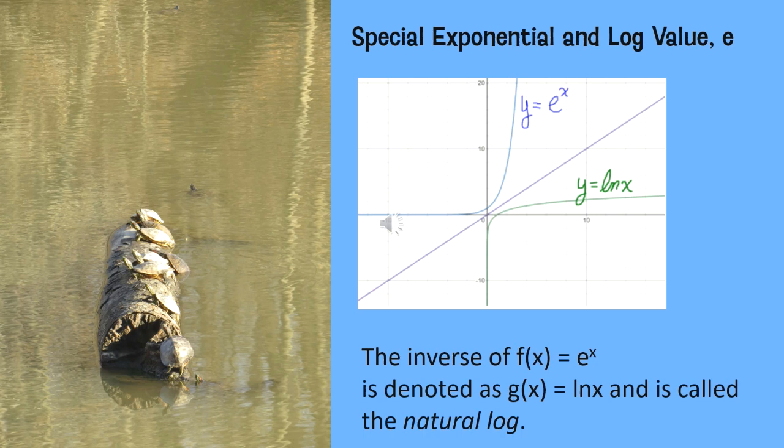But because e gets used so often in formulas in science and finance, it gets special log notation. So again, it's just notation made up to mean its inverse function. Its notation is ln. So ln of x means the log base e function.